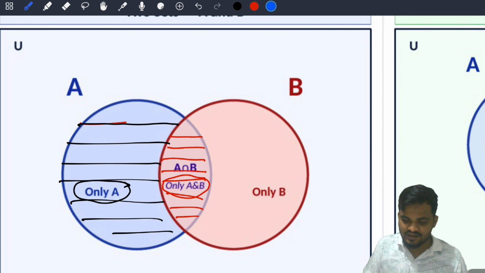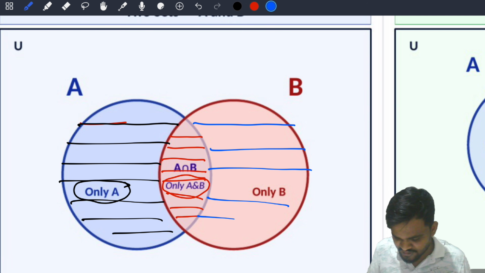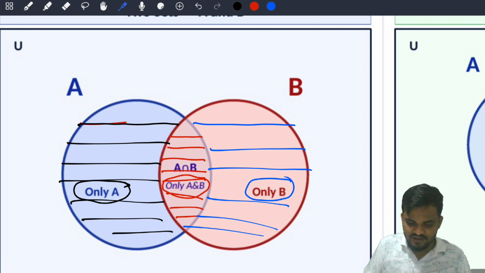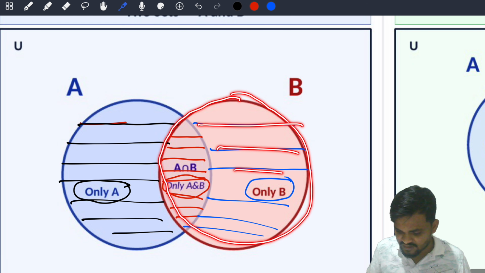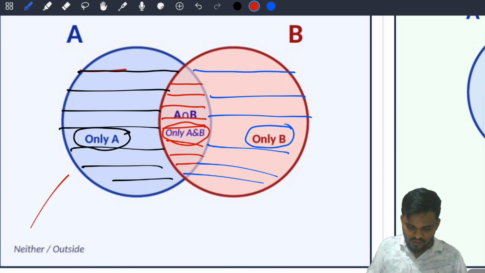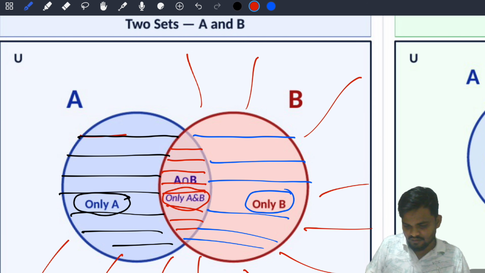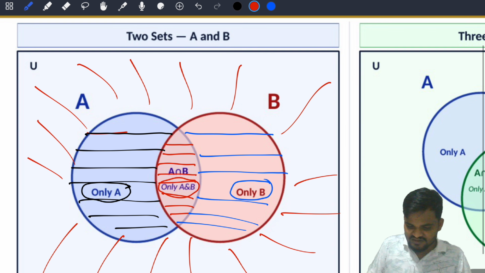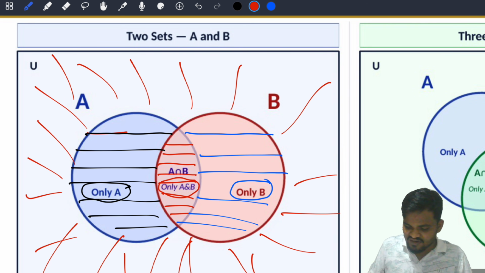Similarly, whatever is represented here is only B. This part is whole B and this is only B. I think you understood. And whatever is outside this, inside the universal set U, is the neither case.